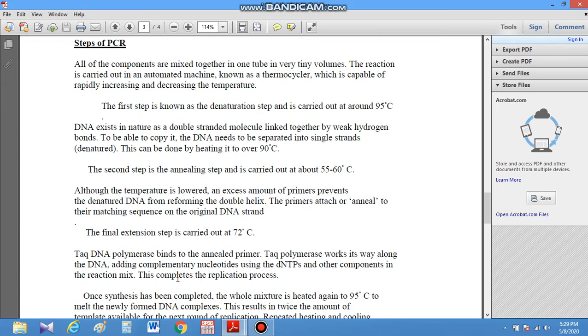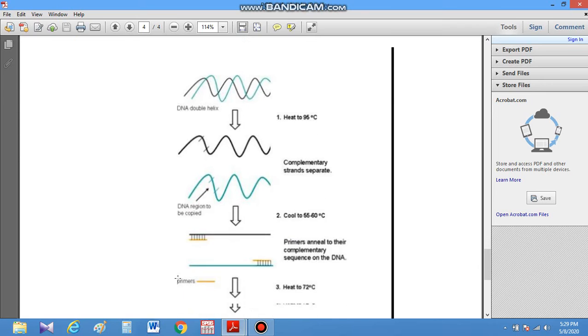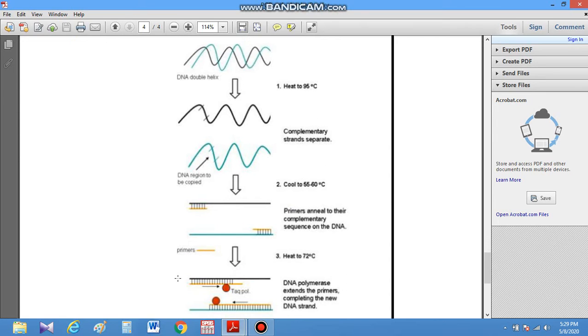We can understand these steps through this diagram. Here we can see that double stranded DNA is used. In the first step, this double helix DNA is denatured at high temperature in the thermocycler, about 95 degrees centigrade.